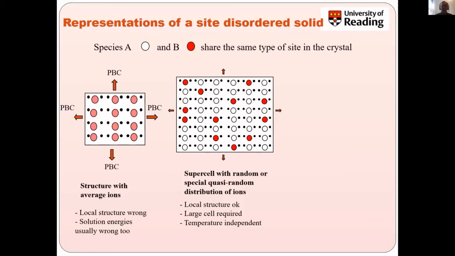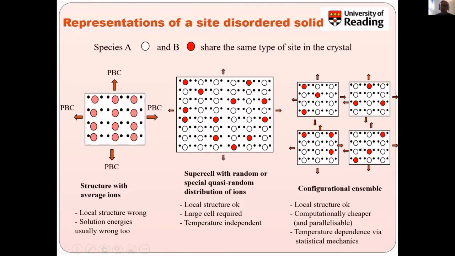And there is a third group of this very general classification, a third group of approaches that consists of using a configurational ensemble, where you have, say, many different cells, each of them with a particular configuration. And now you can make sure that you represent all the possible chemical environments within the ensemble.